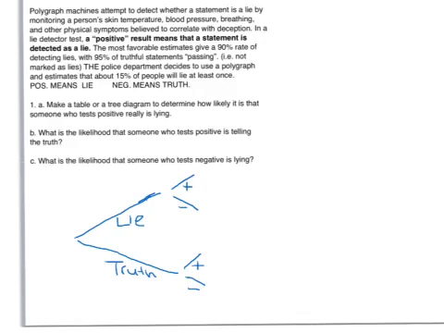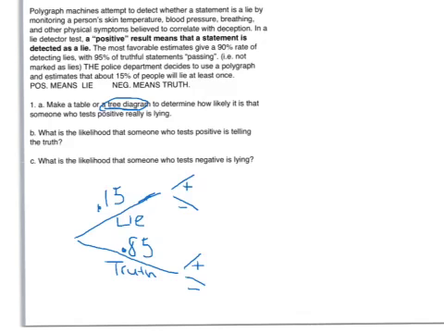Okay? So it asks you to make a tree or a table. We're going to make a tree. We're going to make a tree diagram right there. And so lying has a probability of 0.15 in the population according to the police model. So we want to know how well this is going to work.